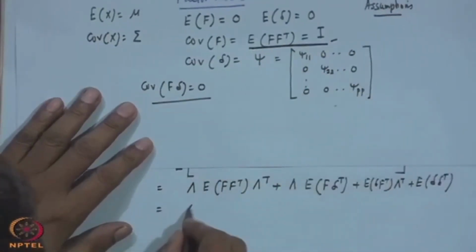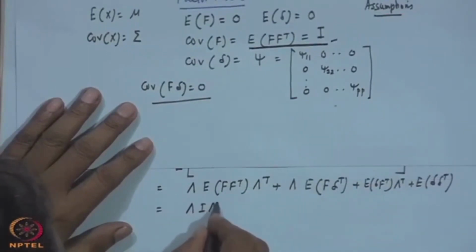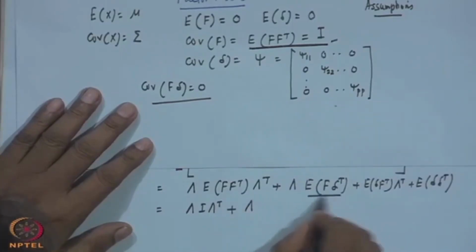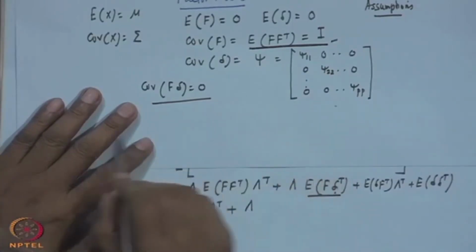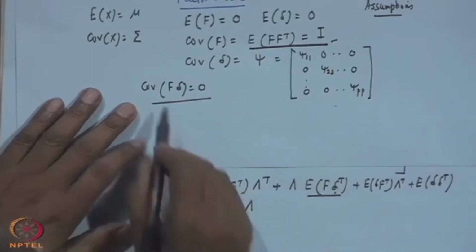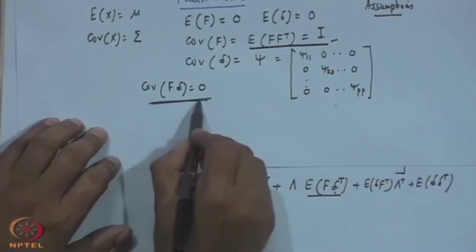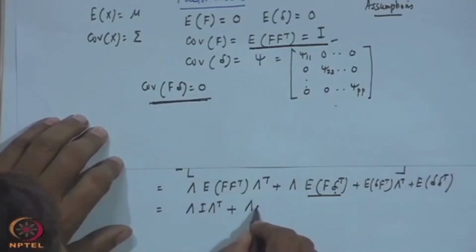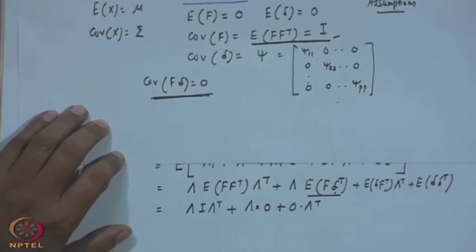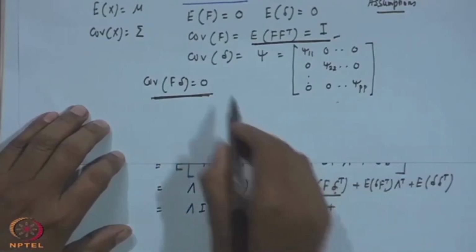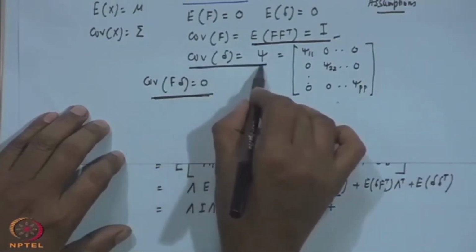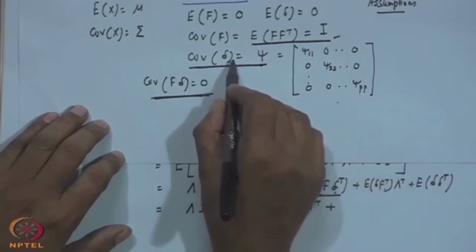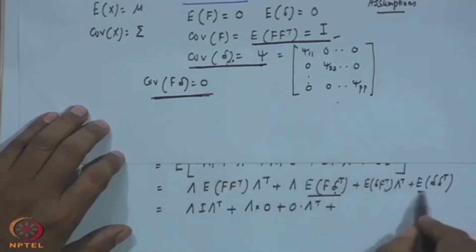So, I will put like this: lambda I lambda transpose, plus lambda expected value of f and delta, where what we have written related to f and delta is 0. So, this into 0. Similarly, this 0 into delta lambda capital lambda transpose, plus what is the covariance of delta, that is expected value of delta delta transpose.